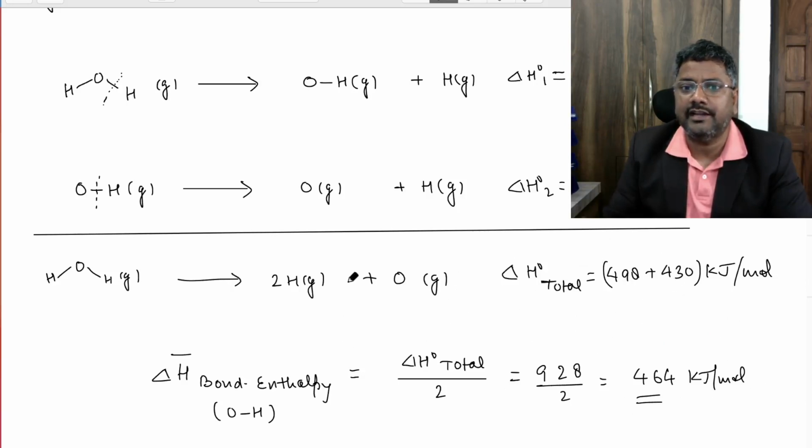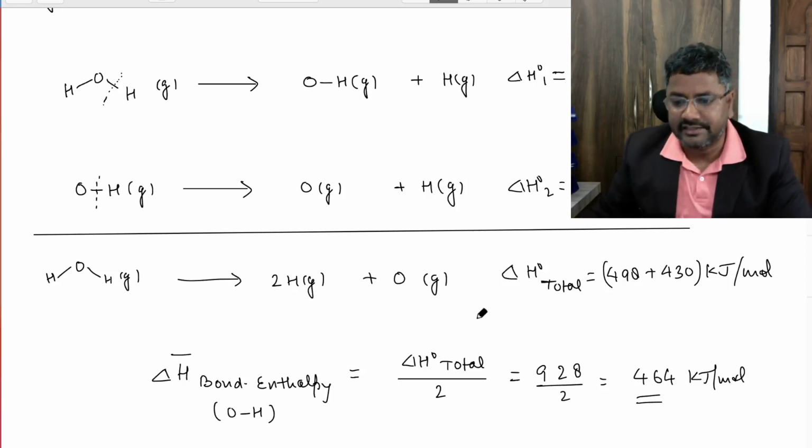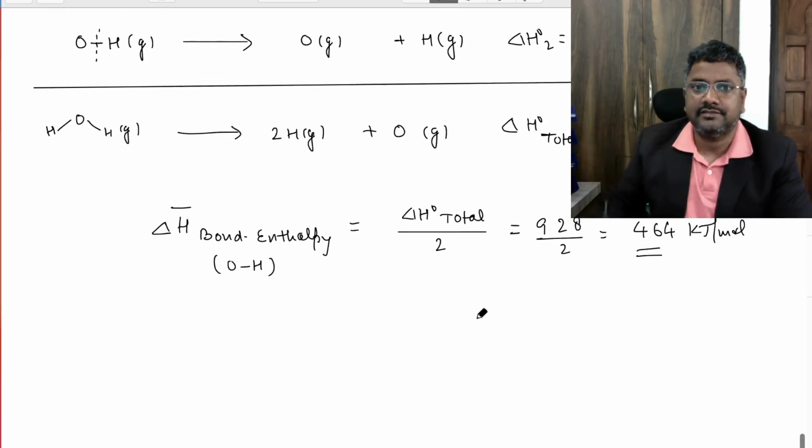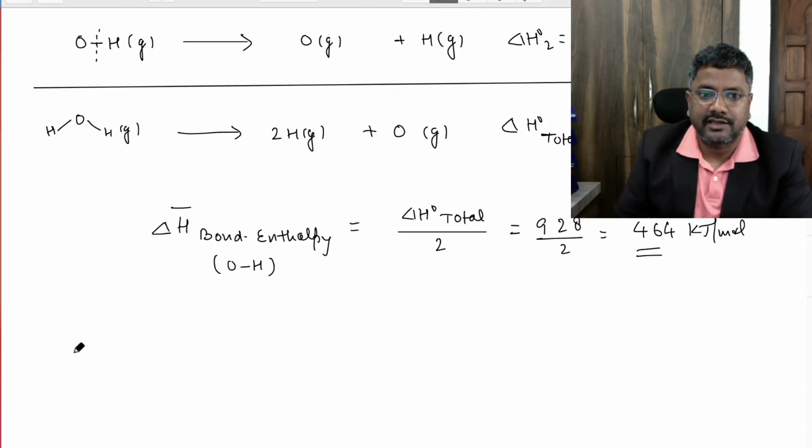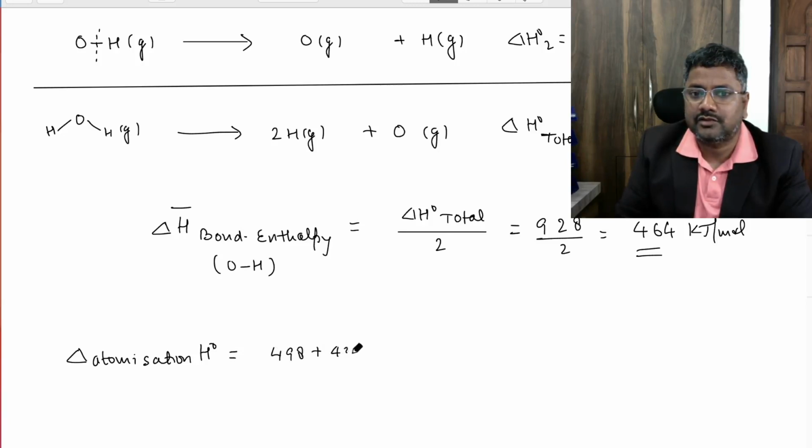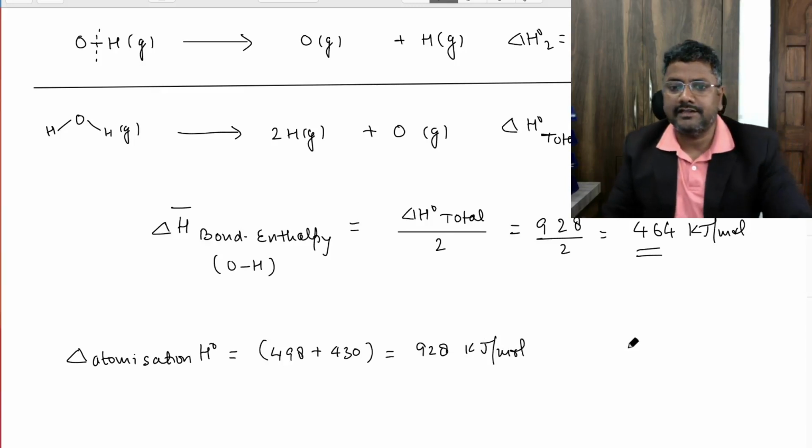So 928 is the enthalpy of atomization for this, right? So if it is asked what is the enthalpy of atomization, the enthalpy of atomization is equal to 498 plus 430. This is equal to 928 kilojoules per mole, correct?